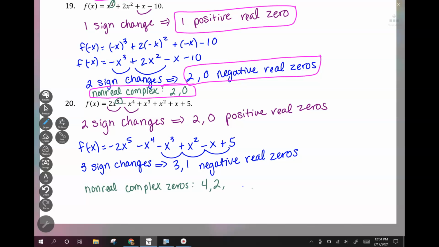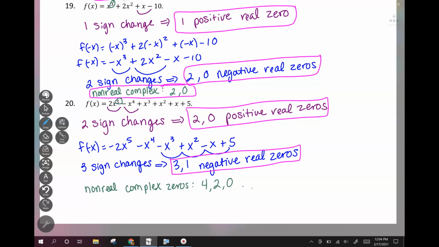Or I could have 2 and 3, leaving me with 0 non-real zeros. And that's it. So we'd have 2 or 0 positive real zeros, 3 or 1 negative, and then 4, 2, or 0 non-real complex. And that's it for 5.5.